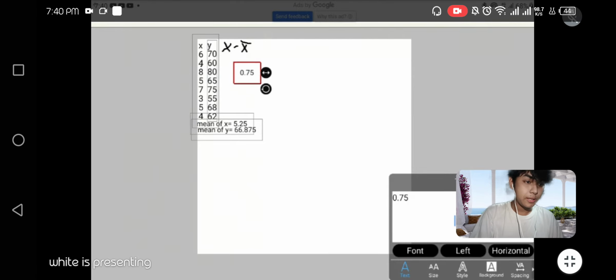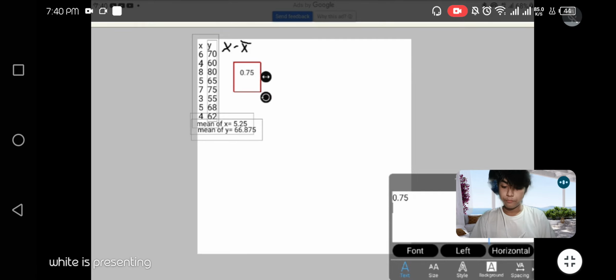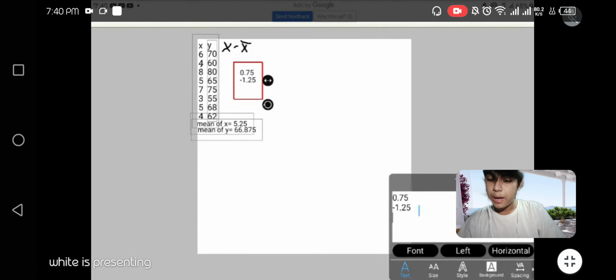Next is 4 minus 5.25, which is equal to negative 1.25. Next is 8 minus 5.25, which is equal to 2.75.